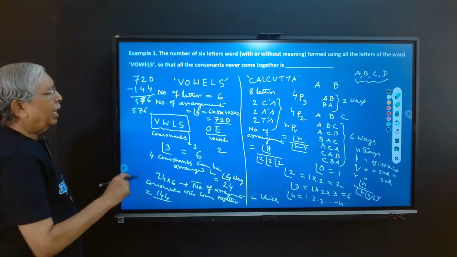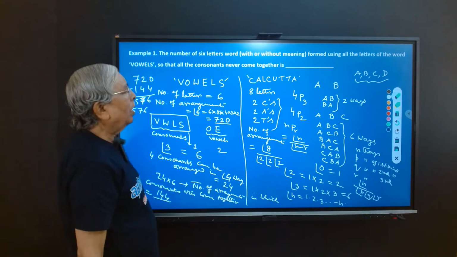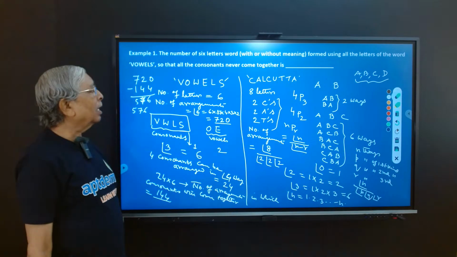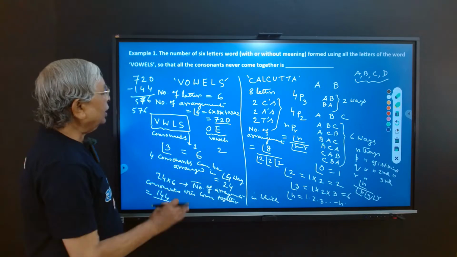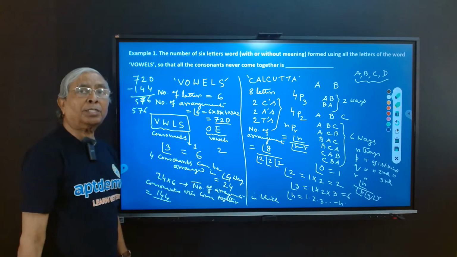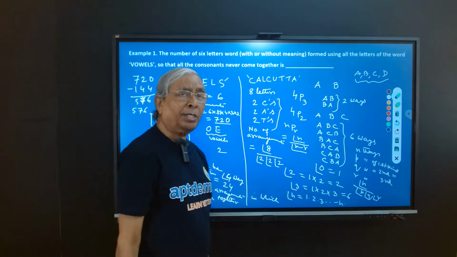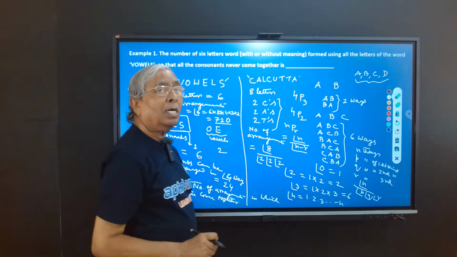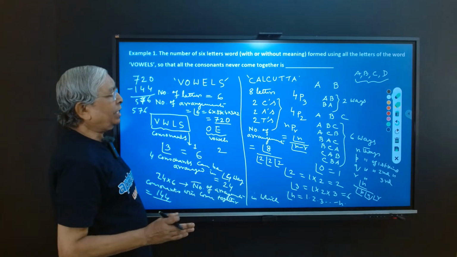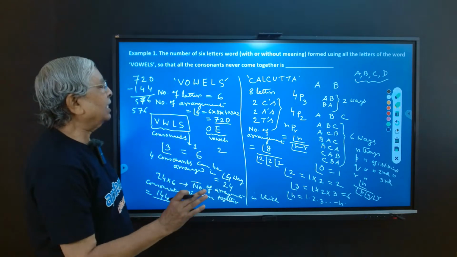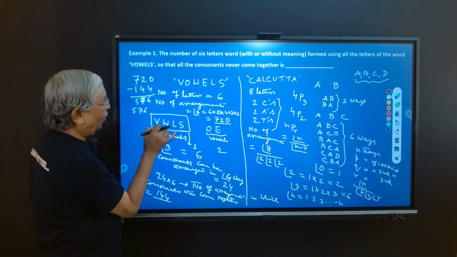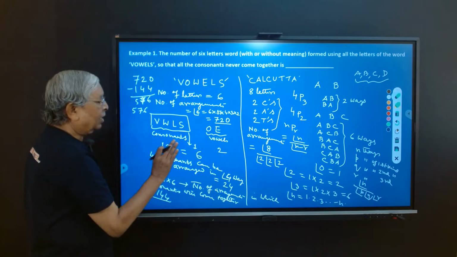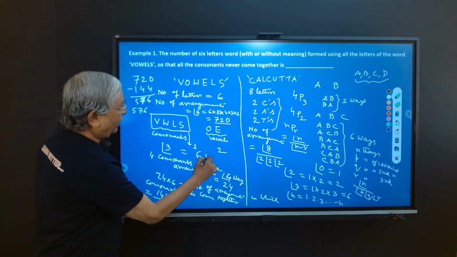Again, we are discussing the problem. We have the word vowels. The number of letters is 6. There is no repetition, so the number of arrangements is factorial 6, that is 720. Now we want the consonants to not come together. First we find the arrangements if the consonants come together. Taking the consonants as one, we have one unit and two vowels, so the number of letters is 3, which can be arranged in 6 ways.